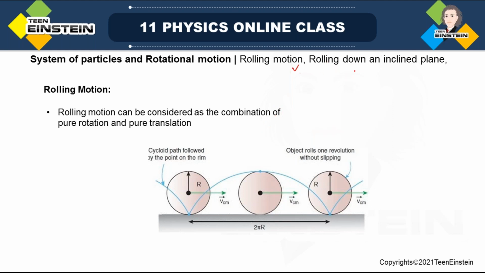So before I go to rolling motion along an inclined plane, let me just recap what we have learned. Simply, rolling motion. When rolling motion occurs on a plane surface, we can consider rolling motion as a combination of two motions.